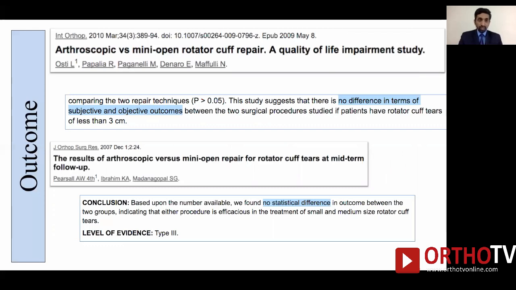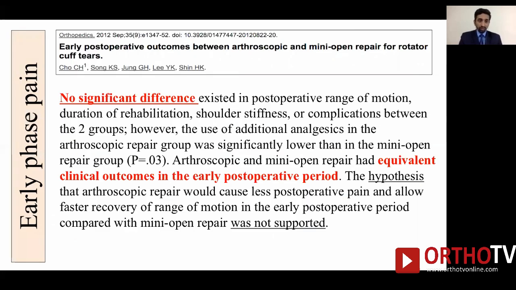Another article comparing arthroscopic versus mini open finds that as far as quality of life impairment is concerned, there is no difference in subjective and objective outcome. Another article by Parcel again says there is no statistical difference at mid-term follow-up. So again, many more articles show there is no difference between arthroscopic versus mini open rotator cuff repair.